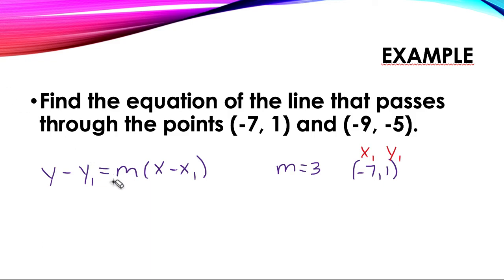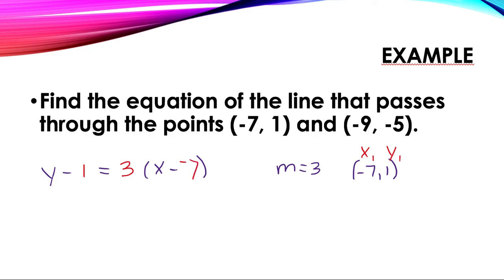Plugging in, in place of the y1, I'm going to be putting a 1. In place of the m for the slope, I'm going to put a 3. And in place of the x1, I'm going to put a -7.